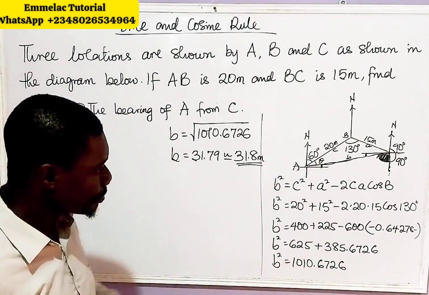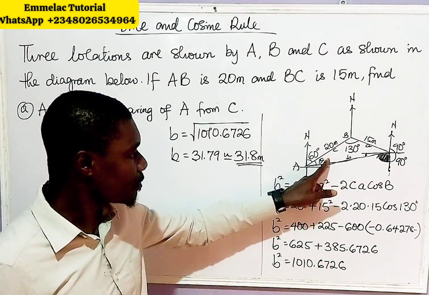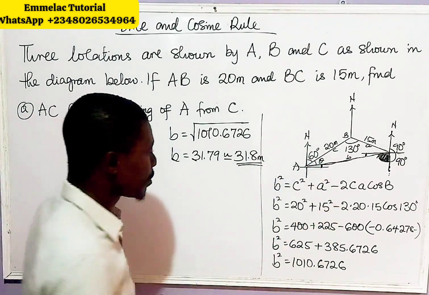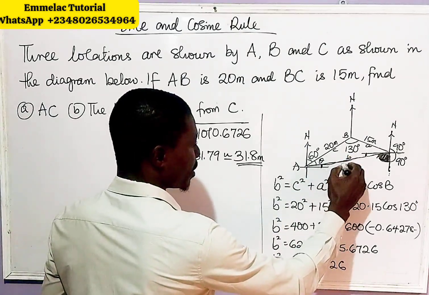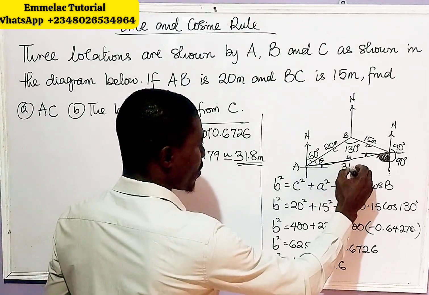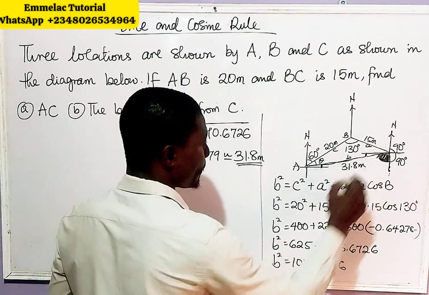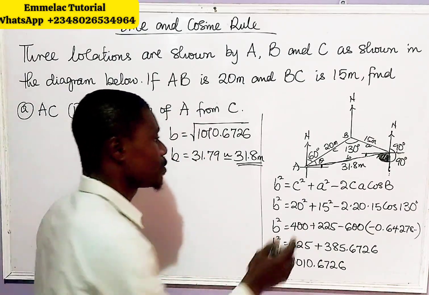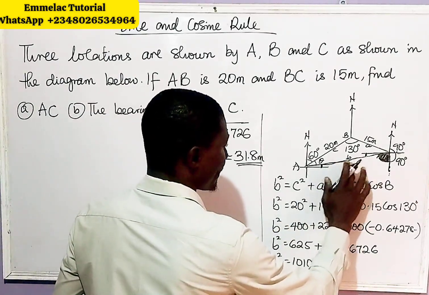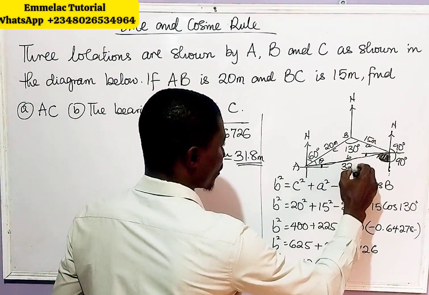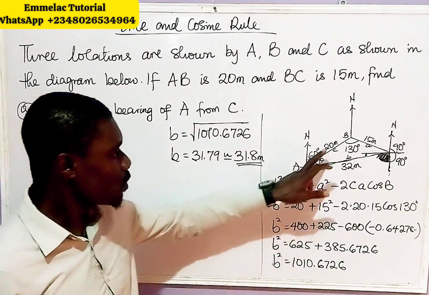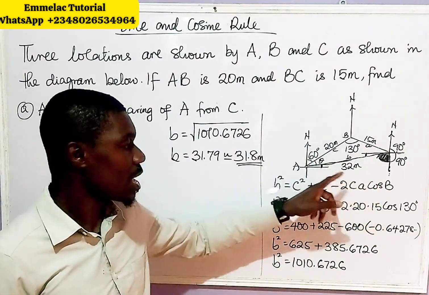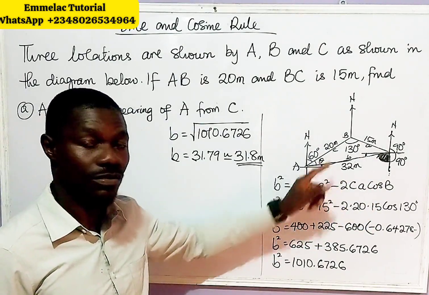Since here we have this angle, and already our side b, which is here, is 31.8 meters, approximately 32 meters.